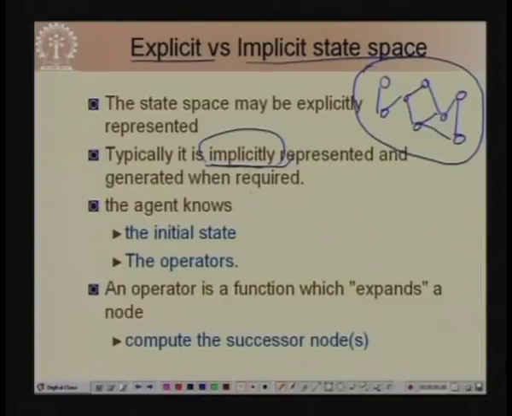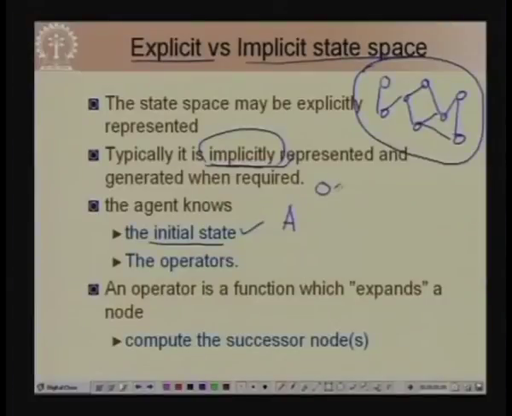In this implicit state space representation, the agent will know the initial state that it is in, but it will not initially need to keep all the states that the system has. It will know the initial state and it knows the operators and the effects of these operators, so that the agent can unfold the state space.